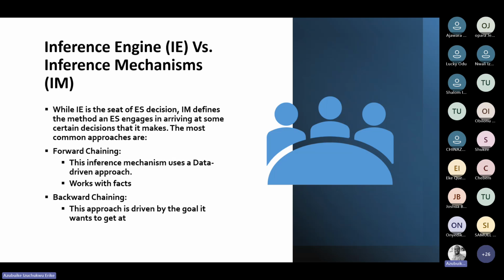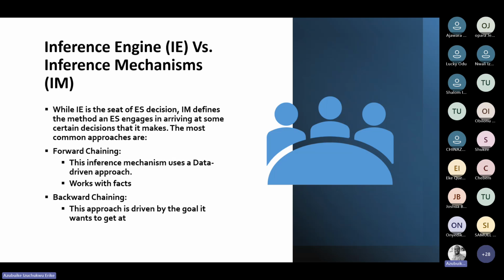While the inference engine is the seat of expert system decision, the inference mechanism defines the method the expert system engages in arriving at a certain decision that it makes. How does an expert system make a decision? How does it arrive at the conclusion of the decision that it wants to make?